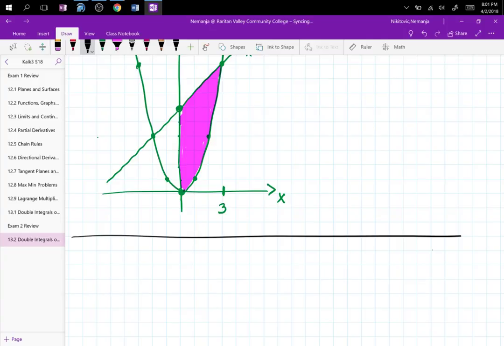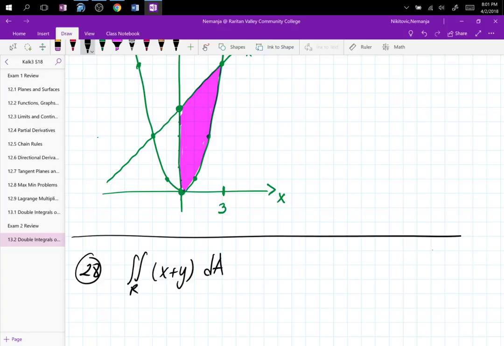Let's see what they have here. Here's the beautiful problem 28. It says, compute the double integral of x plus y dA. They're leaving it open to us to have either dy dx or dx dy, depending on the rest of the problem.